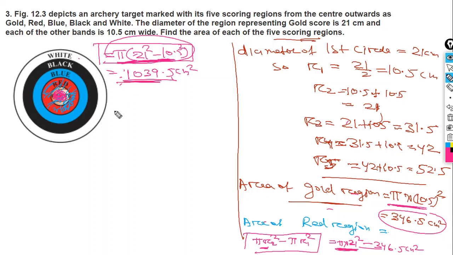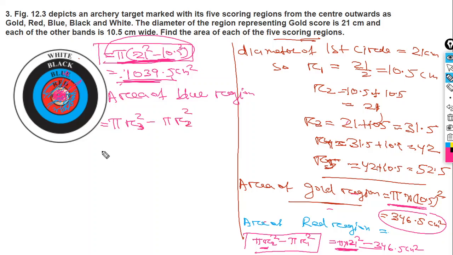Now similarly we can find the area of the blue region, which will be equal to pi R3 square minus pi R2 square.